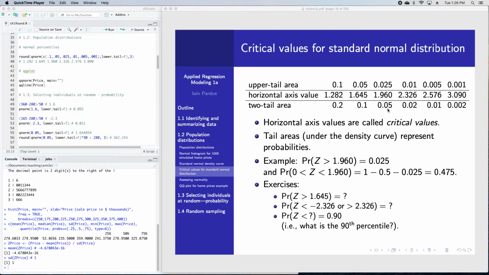Let's skip to this one. This one is telling us that the upper tail area to the right of 1.96 plus the lower tail area to the left of minus 1.96 together comes to 0.05.